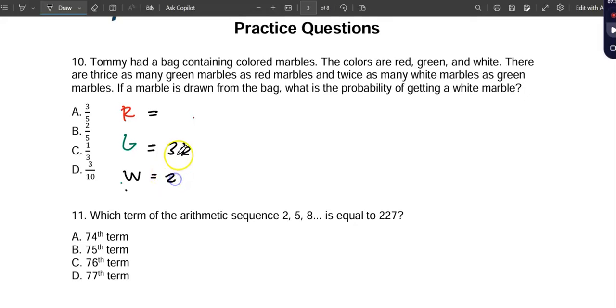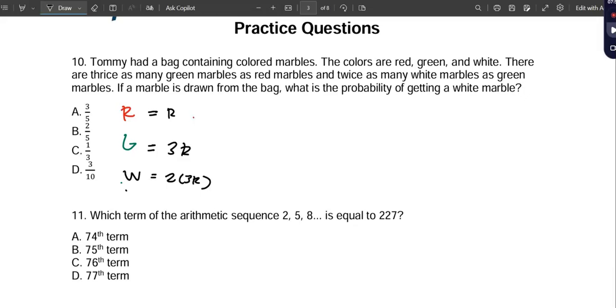Ang green natin is 3R. So, meron kang times 3R. Ito will be the R. And then, ang sinasabi dito, if a marble is drawn from the bag, what is the probability of getting a white marble? So, how do we go about this problem?